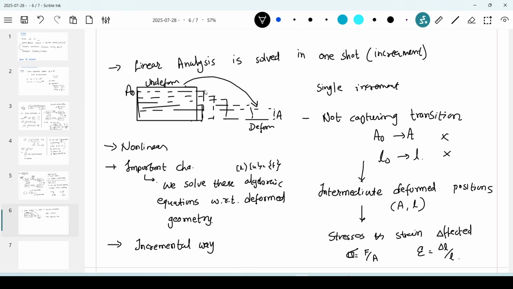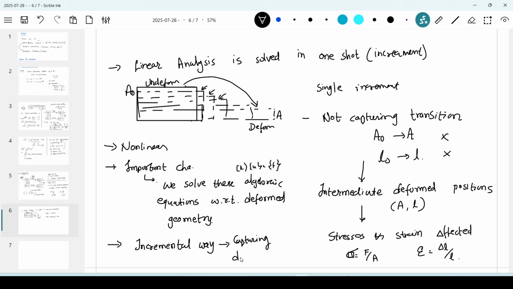Then on that deformed configuration, we further apply load and find the next deformed configuration. Once we get the deformed configuration here, we increase the load and find the next deformed configuration. When we do this in an incremental way, we are actually capturing that transition.